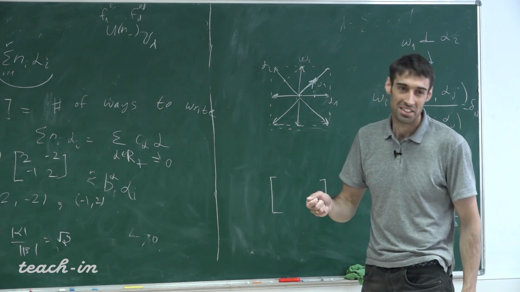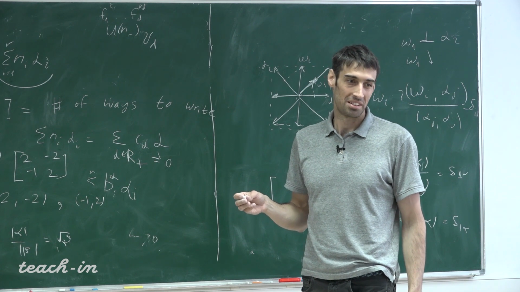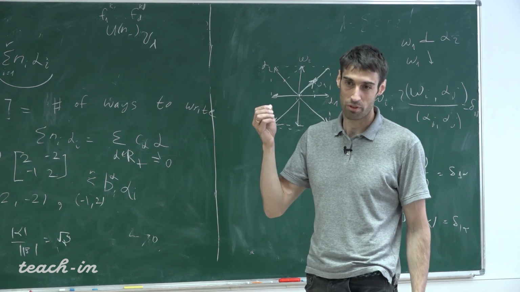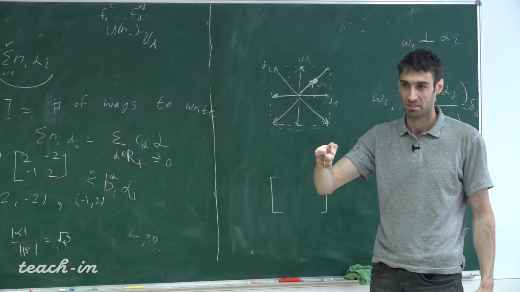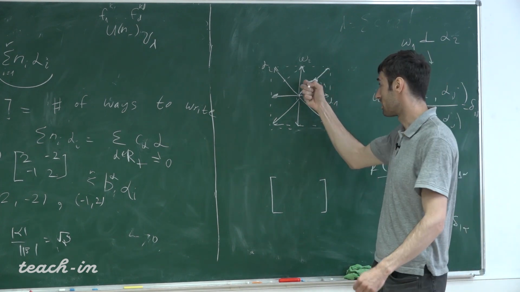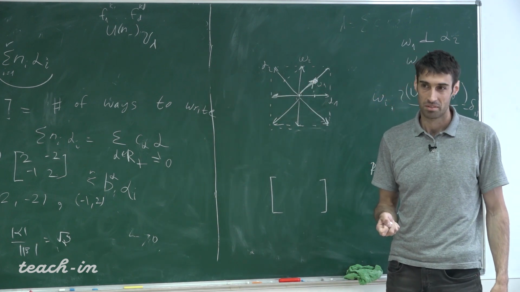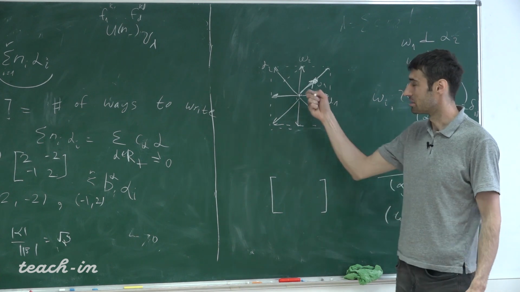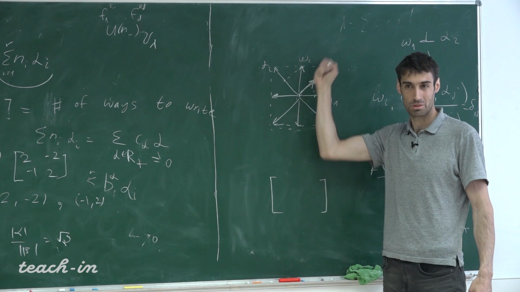Thank you very much. So now, how to find? What is C++? Where is it here? It is the convex hull of omega 1 and omega 2, as we discussed.